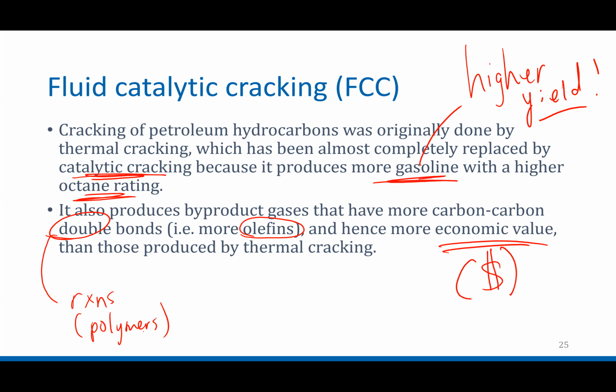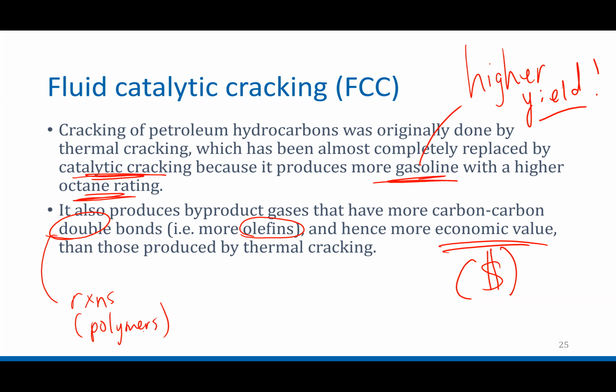Remember, a double bond is a perfect site for an addition reaction in chemistry, meaning we can turn that double bond into like an alcohol, a ketone, a carboxylic acid. You can take that double bond and remove the double bond and bond it to something else, making a polymer.